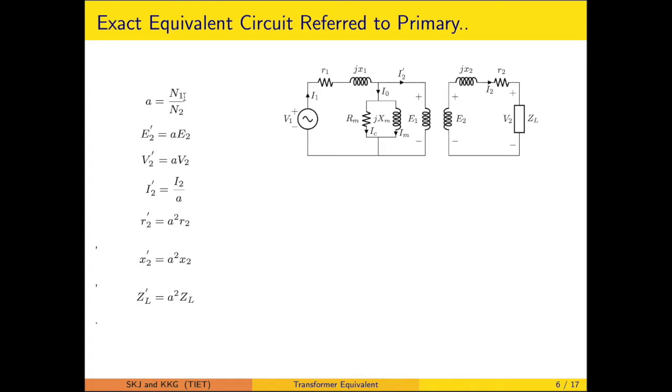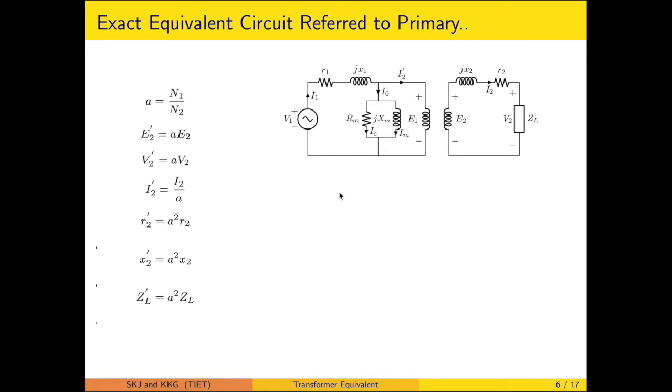So this is the summary of the relations which have been referred to previously, and this is the practical equivalent circuit. The only difference here is that the circuit is closed, so there is a load. a is equal to N1 upon N2, so correspondingly you will associate E2 dash is equal to a E2, V2 dash is equal to a V2, I2 dash is equal to I2 upon a, and R2 dash, X2 dash and ZL dash are a square times the respective values R2, X2 and ZL.